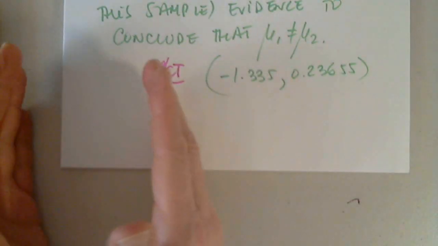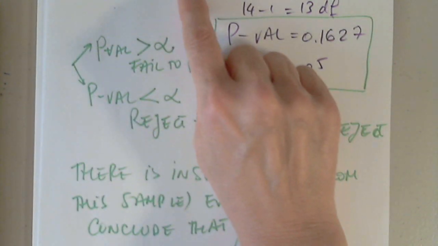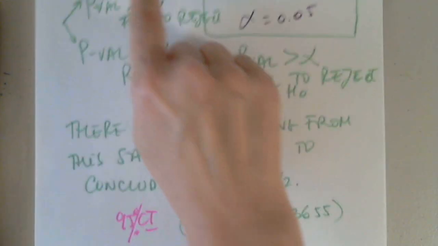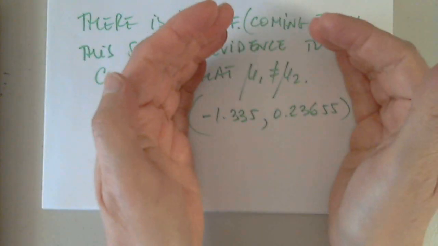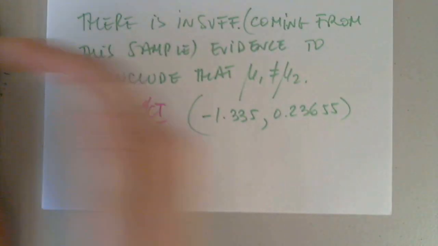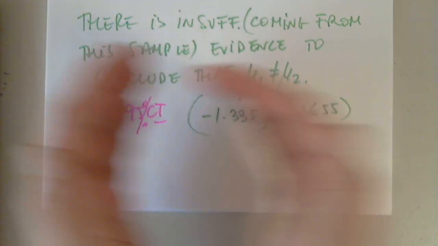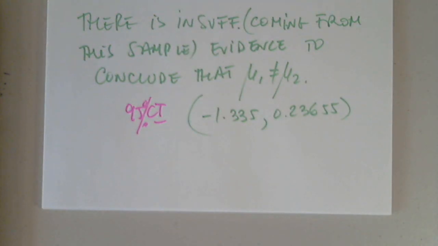If it were only negative, we would have said that mu2 is greater. If it were only positive, we would have said mu1 is definitely greater. But because there is 0 in the interval, we don't know. Sometimes it's this way, sometimes it's that way, so we cannot conclude that there is any significant difference.